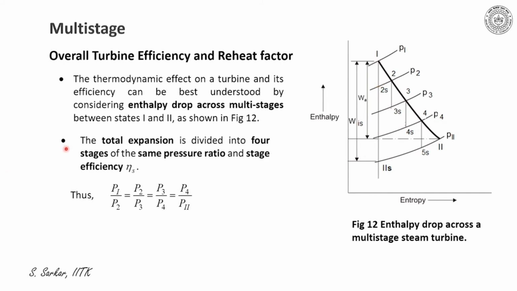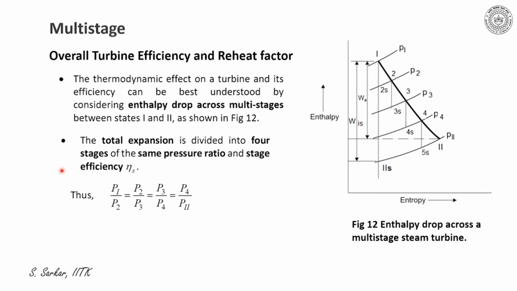Thus, the total expansion is divided here into 4 stages of the same pressure ratio and the stage efficiency. This is a very important consideration, where I am considering that the pressure ratio of each stage be almost the same, and thus the stage efficiency.